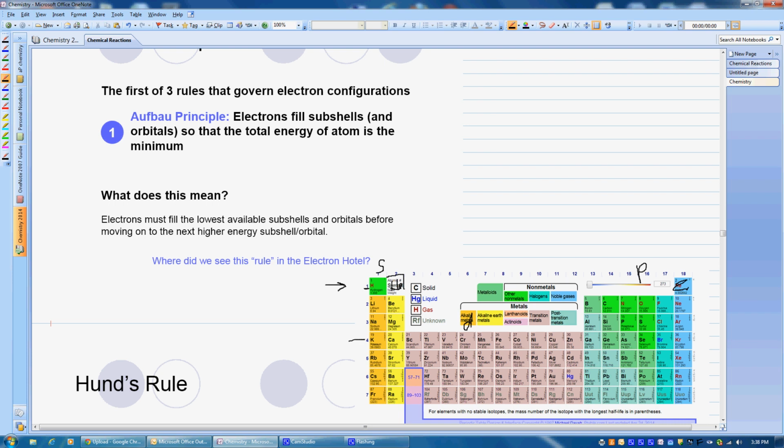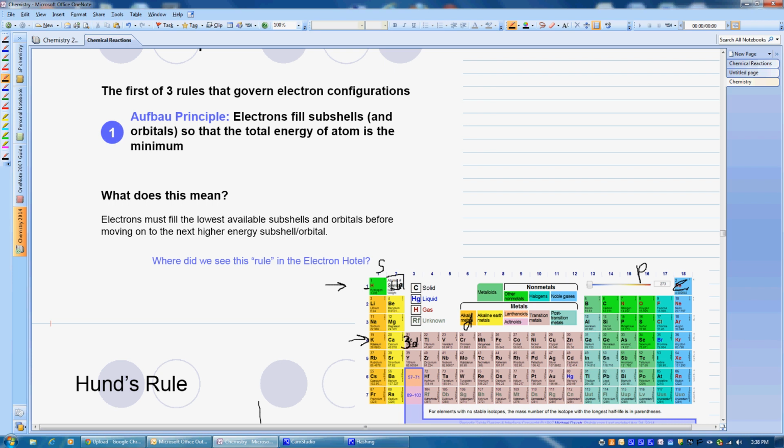This is where it starts getting just a little bit tricky, because if you remember, we wrote on here the other day that this is our 3d. So when you get past 4s2, after calcium fills its energy level, we then move to 3d.